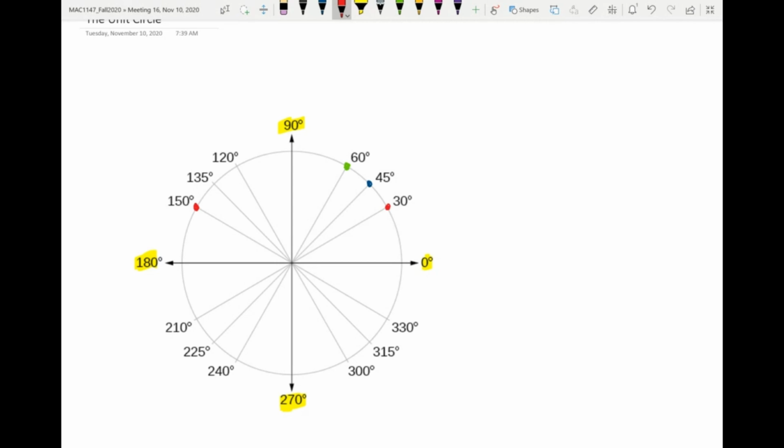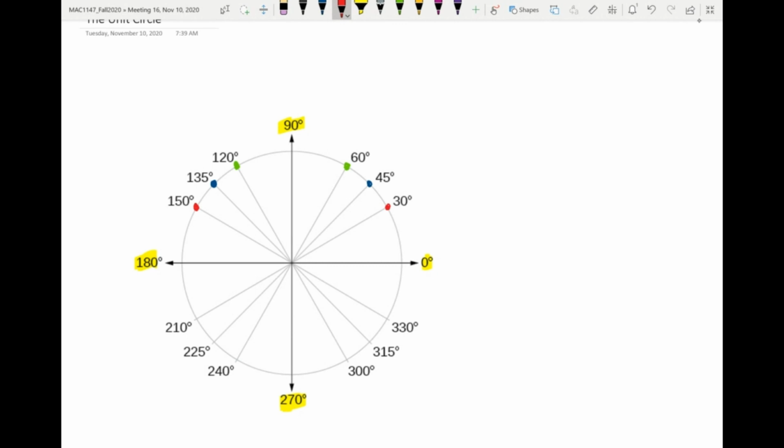What's the reference angle of 135? It's 45. Good. And which one is the reference angle of 120? Very good. How about in quadrant 3? Which one is the reference angle of 210? It'd be 30. So in quadrant 3, it's easy to see.